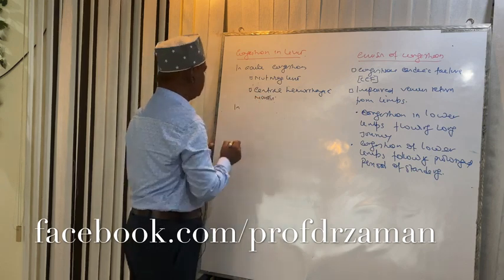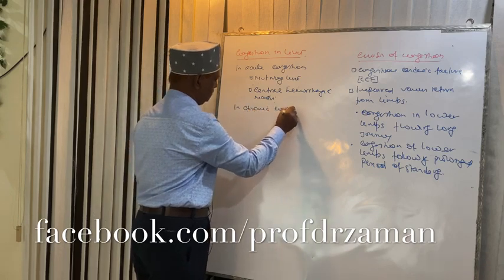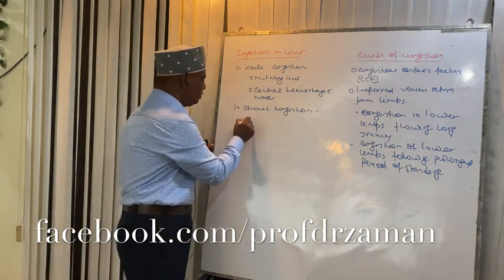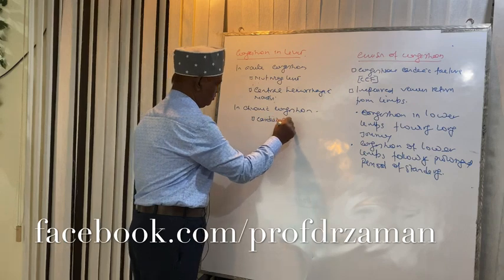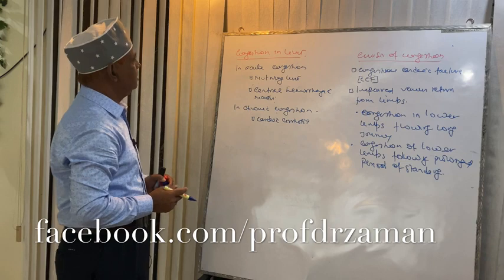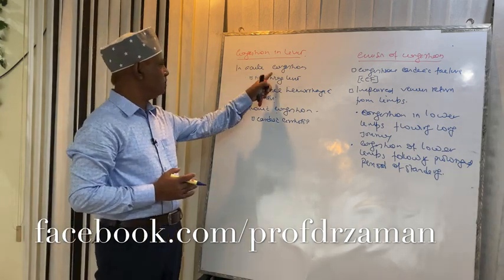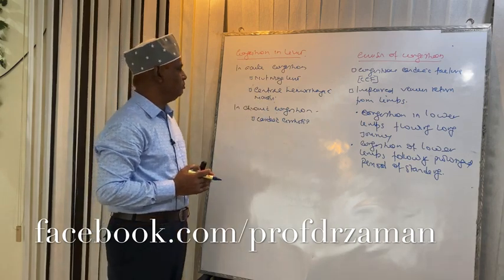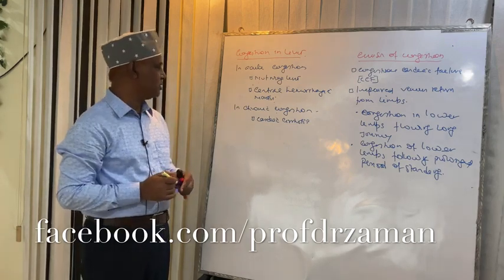In chronic congestion, what will happen? In chronic congestion, there will be cardiac cirrhosis. Dear audience, again, in congestion of liver, if it is acute congestion, there will be nutmeg liver and central hemorrhagic necrosis. If it is a chronic condition, there will be cardiac cirrhosis.